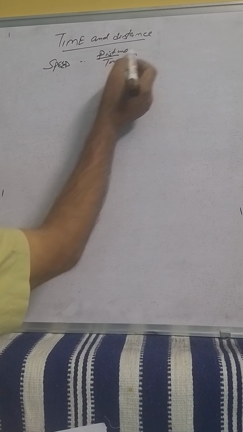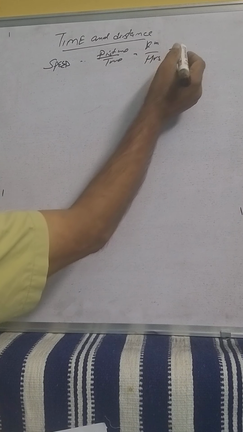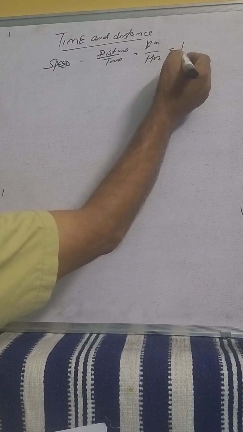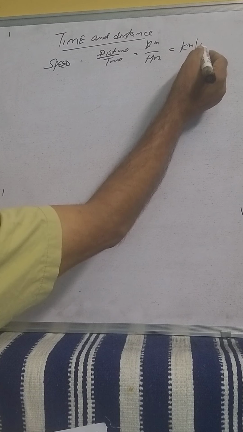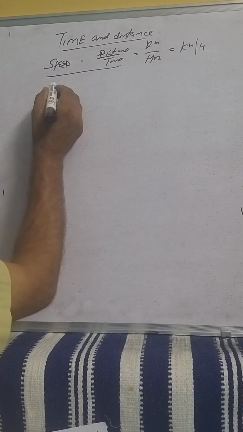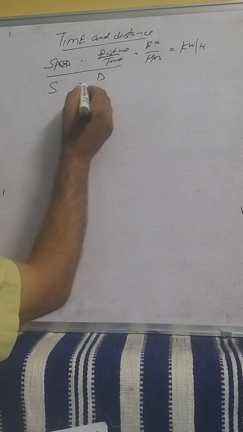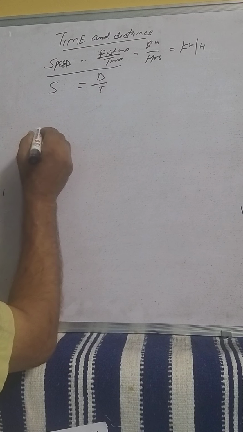If the distance is in kilometers and time is in hours, then the unit of speed will be kilometer per hour.